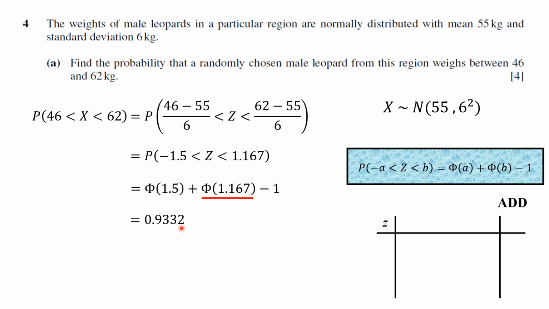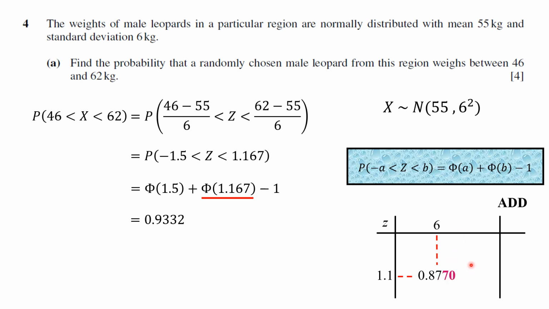If you look at our z table, we look at the z column first, and in the z column we're going to look for 1.1, and within this area here we're going to look for the value of 6. We look at where these two coincide, so that will be 0.8770.